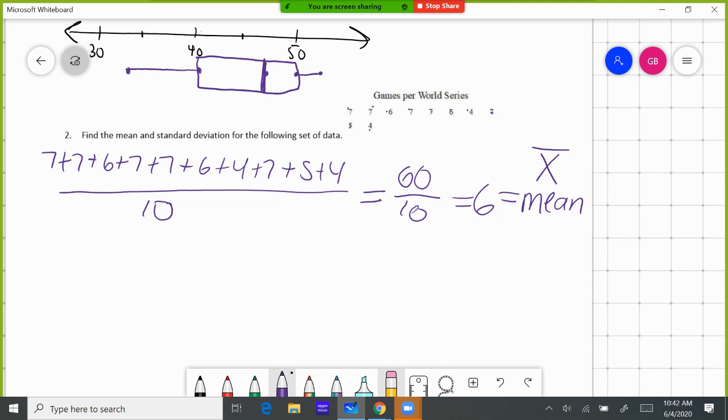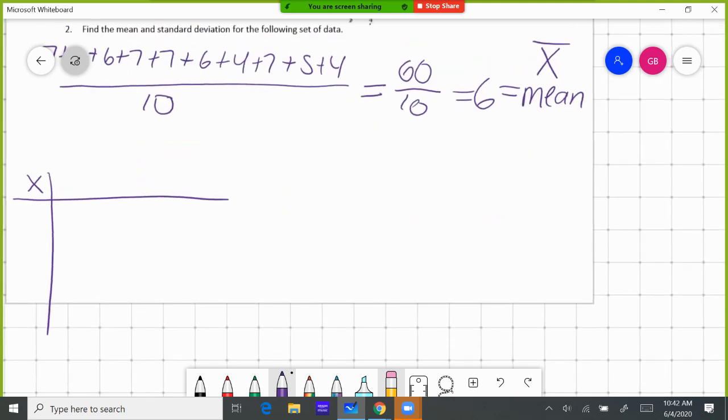Okay. And then to find the standard deviation, you need to make that table that we worked on. So all the X values go first. Seven, seven, six, seven, seven, 6, 4, 7, 5, 4.